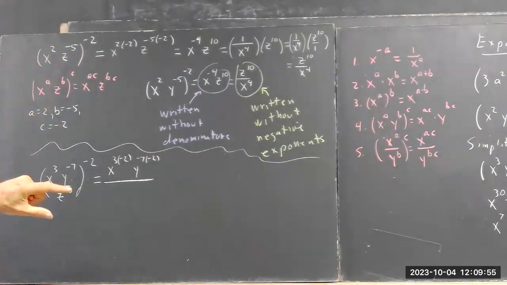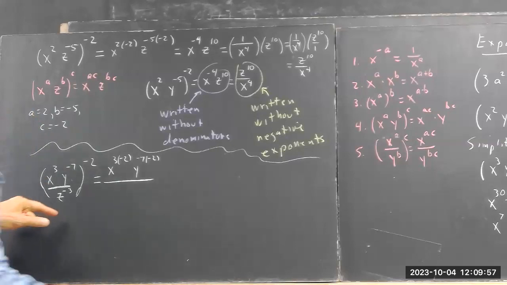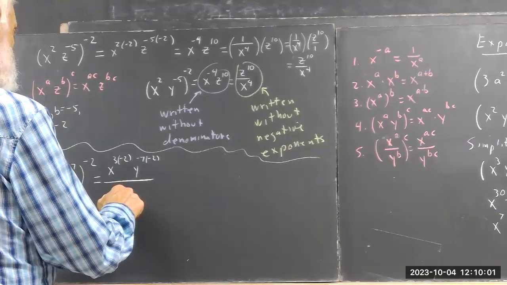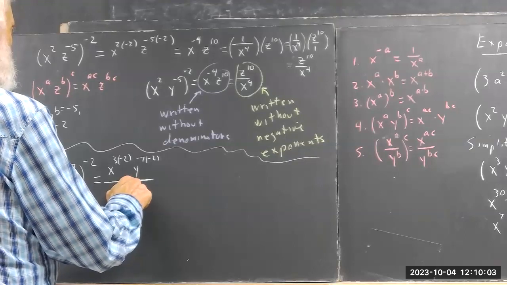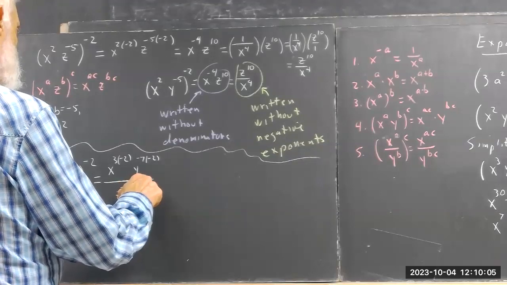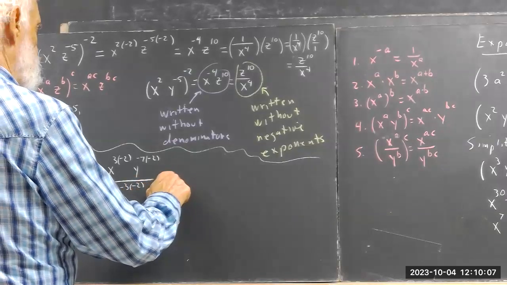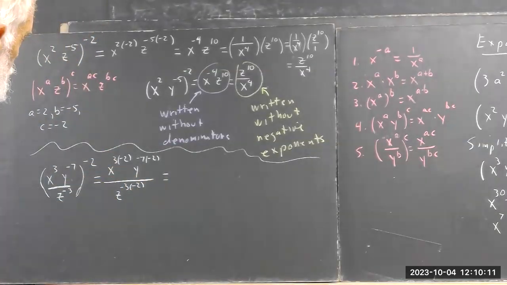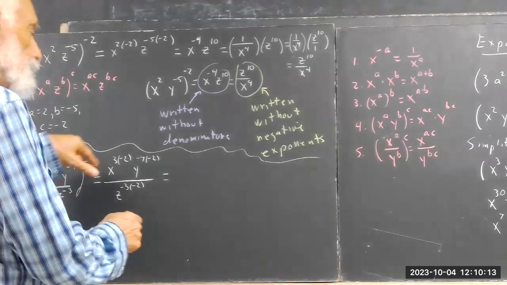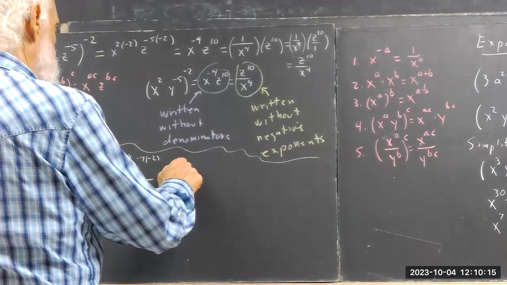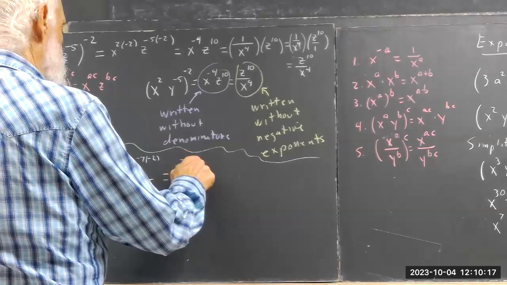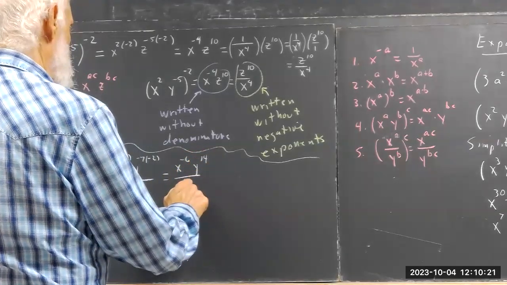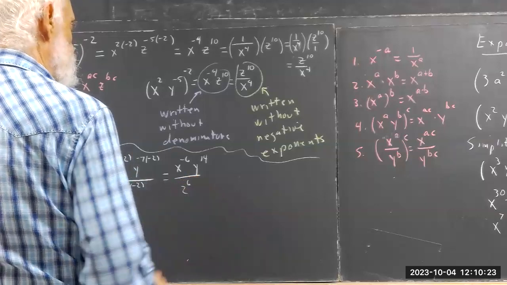And then it's got to be over z to the -3 times -2. You might need a little more explanation of that. I think you get it from Open Math. Then we just multiply the exponents. We get x to the -6th, y to the 14th, divided by z to the 6th.